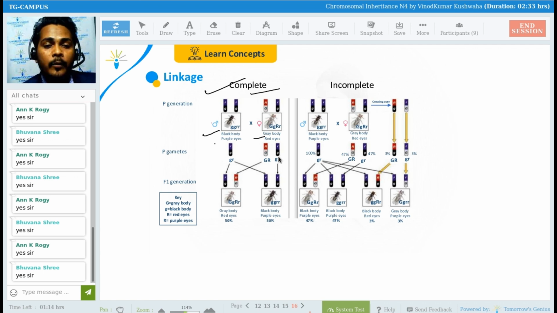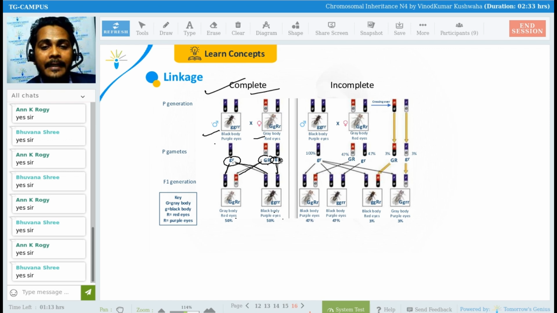Okay, now their gametes you can see. In the first generation, there is no kind of crossing over, they just cross their gametes, and the offspring produced are gray body red eye and black body purple eye, but there is no crossing over in between.